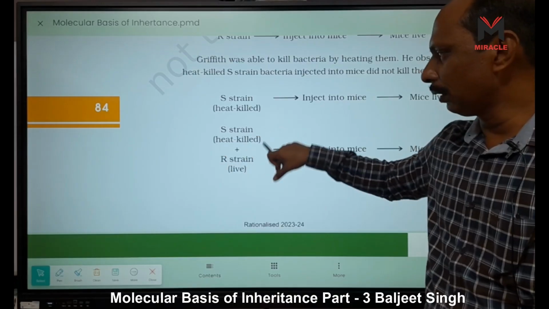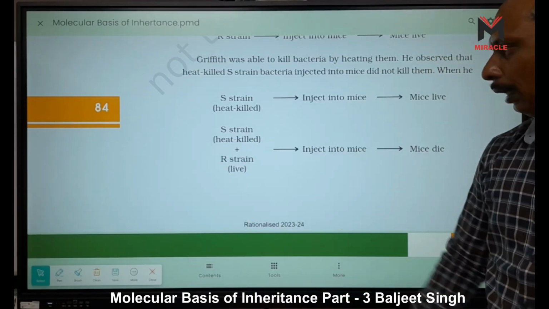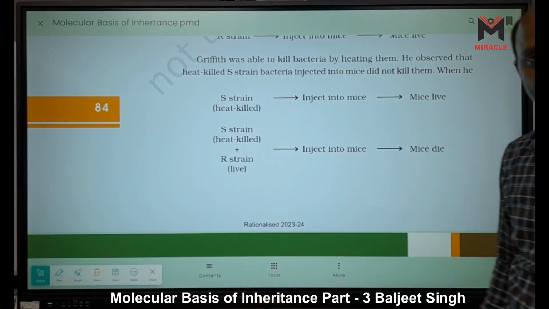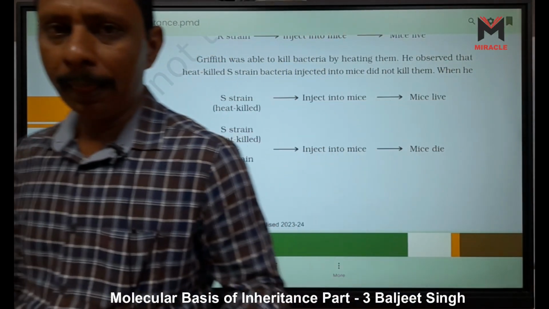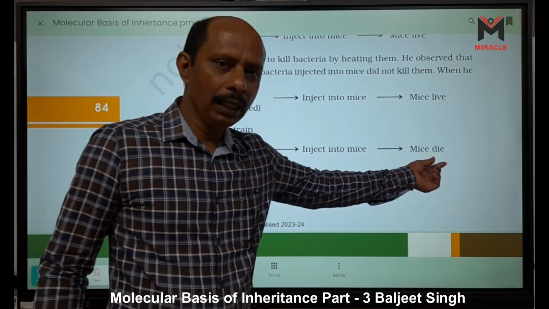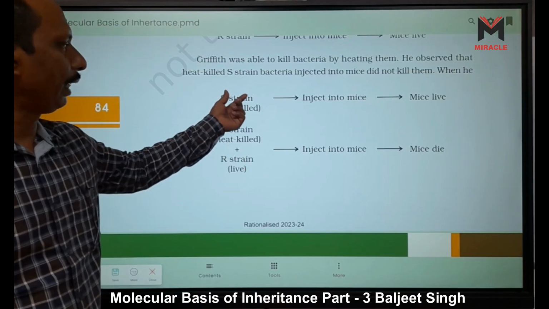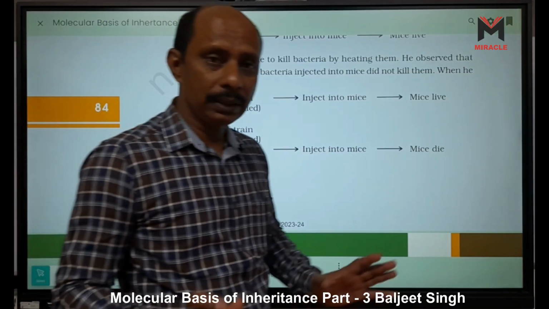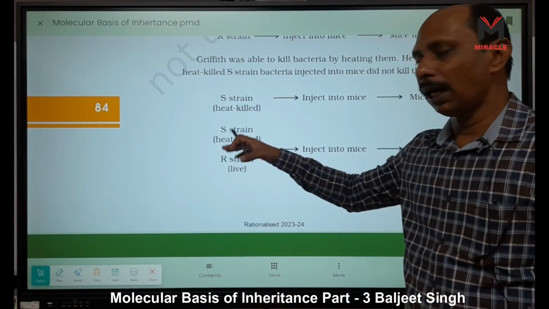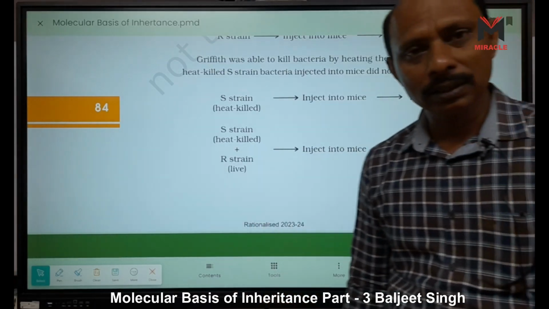But when we inject this mixture of S-strain and R-strain, the mice die. And when he took blood from these mice, he did not find R-strain, but he found live S-strain bacteria.